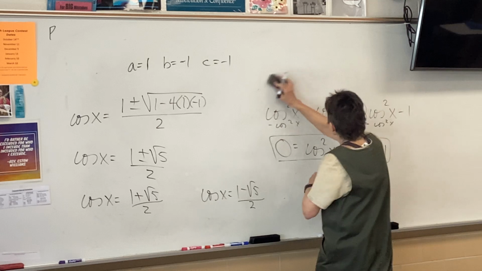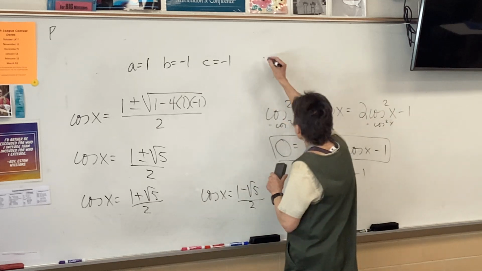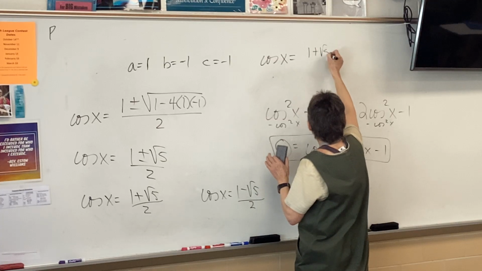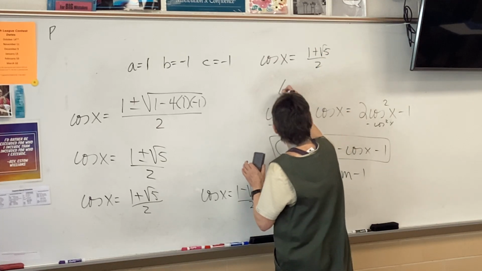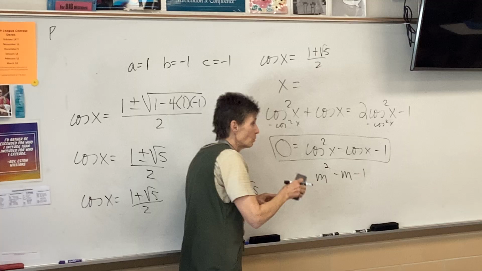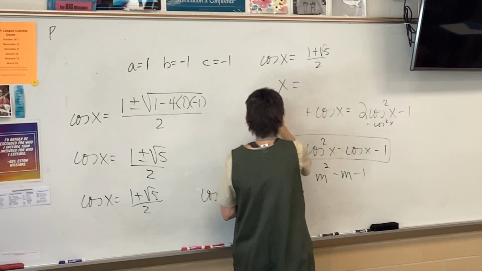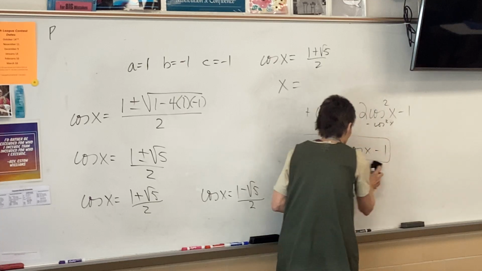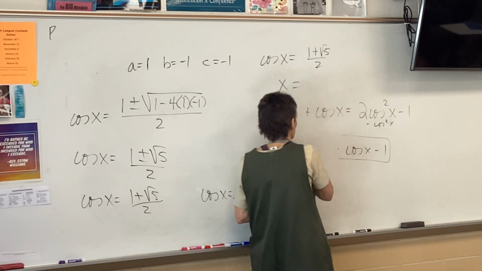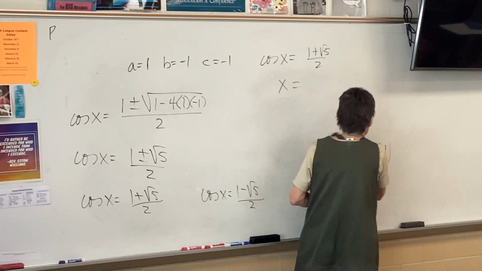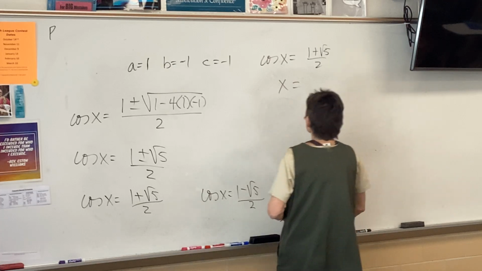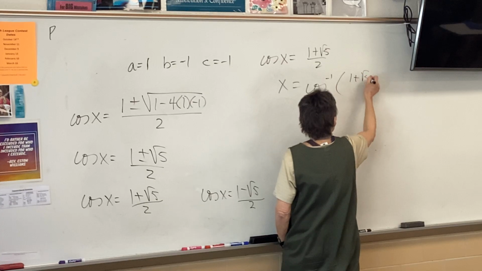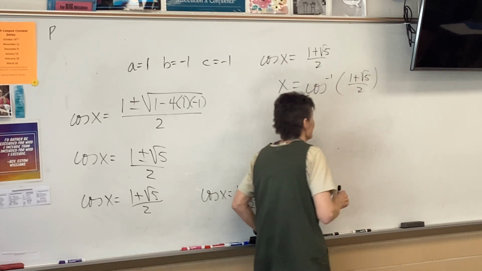I want to remember: if the cosine is this ugly number right here, how do I find the angle? What do I have to press on my calculator to find the angle? Second cosine, thank you. So I'm going to do second cosine, 1 plus root 5 over 2.